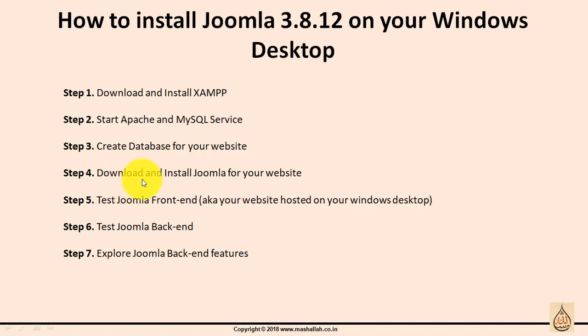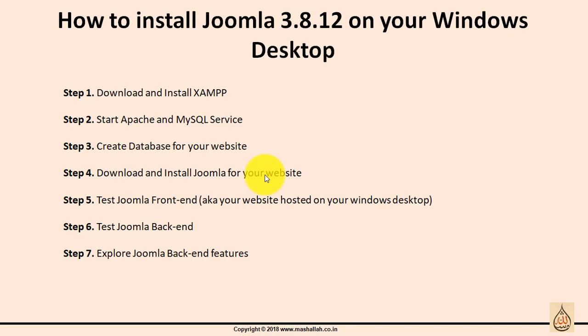Subsequent to that, we installed Joomla on our local computer, which is where we have delved into C drive, XAMPP, htdocs folder, created a new folder by the name of our website, and extracted the downloaded Joomla contents onto that.